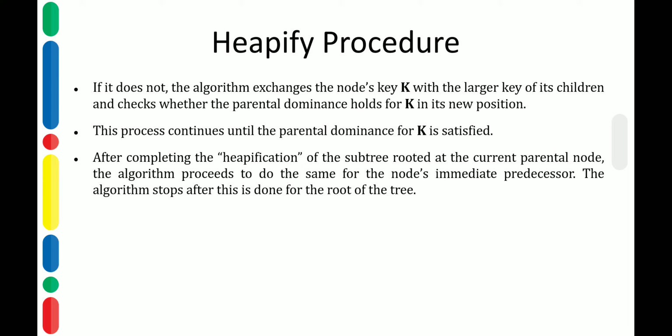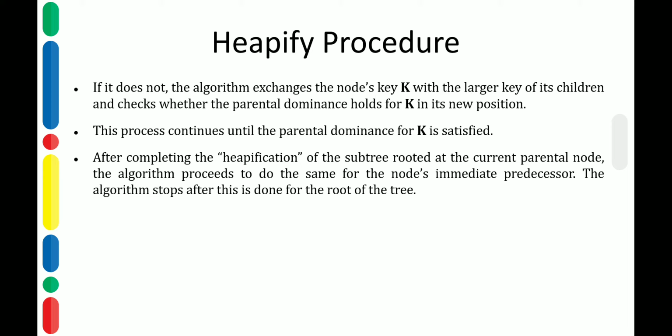Remember, we started at the last parental node. Once the heapification is done at the current parental node, we proceed to the node's immediate predecessor. When I say immediate predecessor, it's according to the array ordering, not with regard to the parent-child relationship.